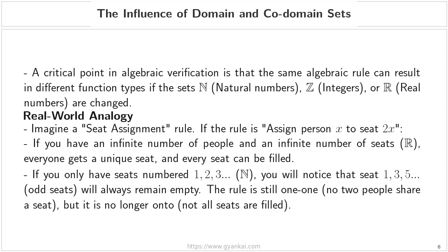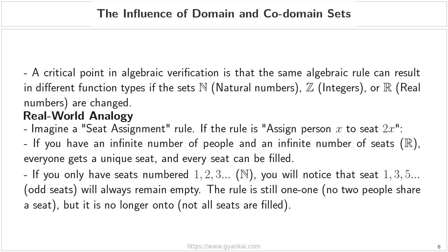However, let's change the sets. Suppose we only have seats numbered 1, 2, 3, and so on, which represents the set of natural numbers. If we apply the same rule, 2 times x, you will notice that seats 1, 3, 5, and all other odd-numbered seats will always remain empty, because there is no natural number that, when multiplied by 2, results in an odd number.